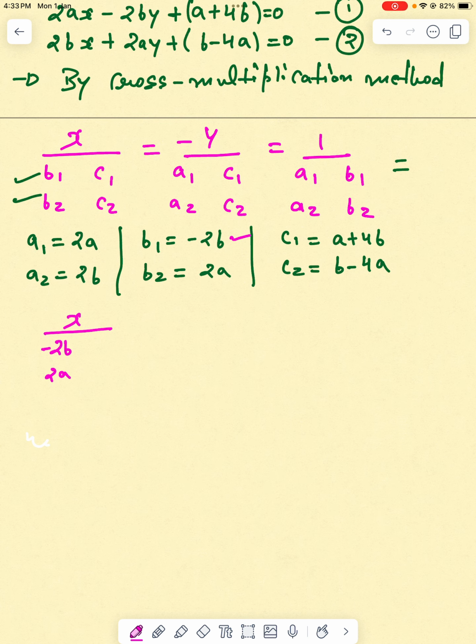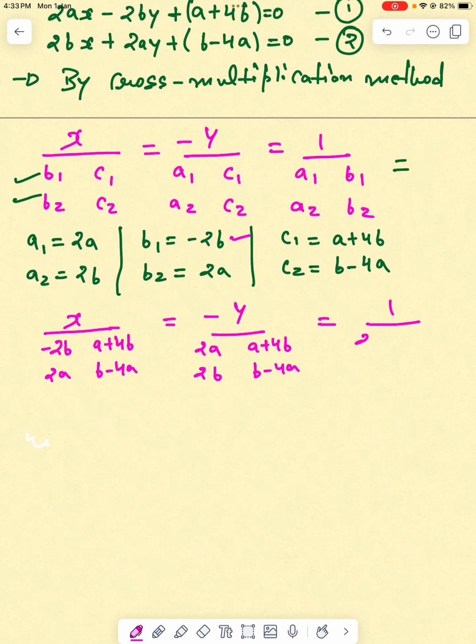Now what about c1? c1 is a plus 4b and c2 is b minus 4a. Similarly, minus y upon a1 is 2a and a2 is 2b. What about c1? c1 is a plus 4b and c2 is b minus 4a, is equals to 1 upon a1 is 2a and a2 is 2b, b1 is minus 2b and b2 is 2a.